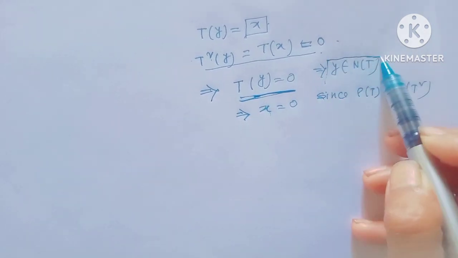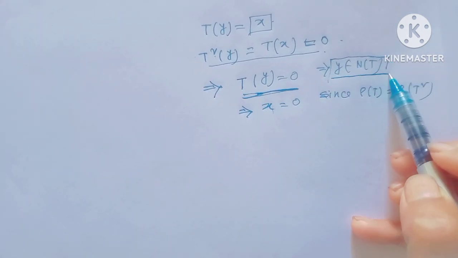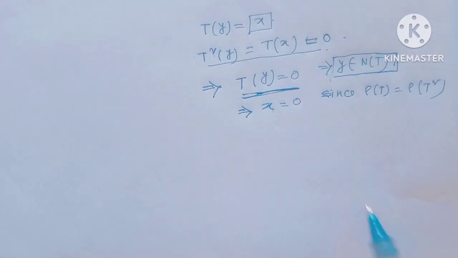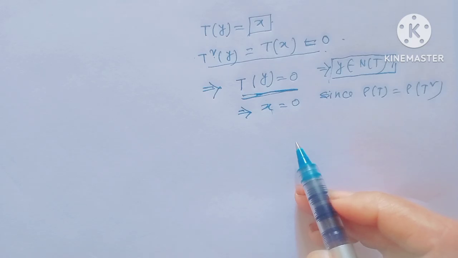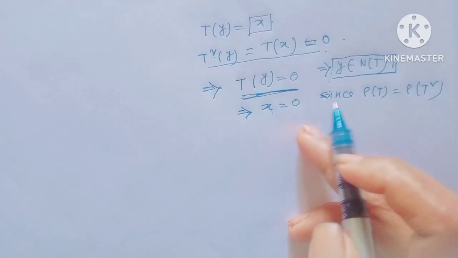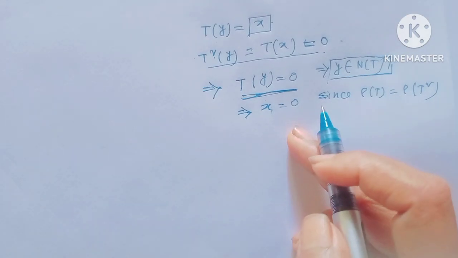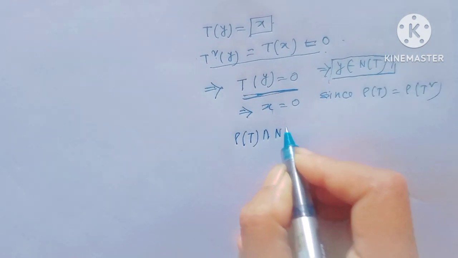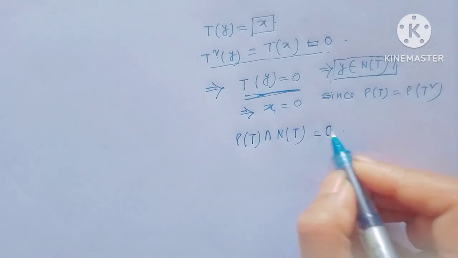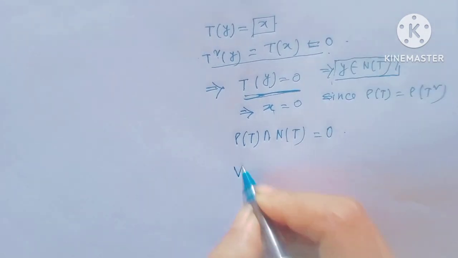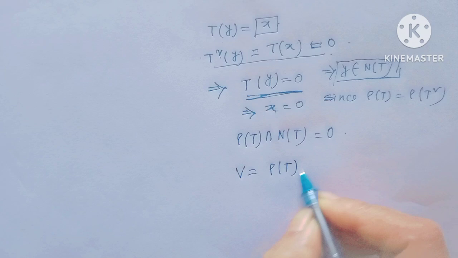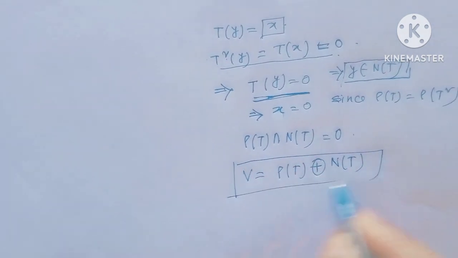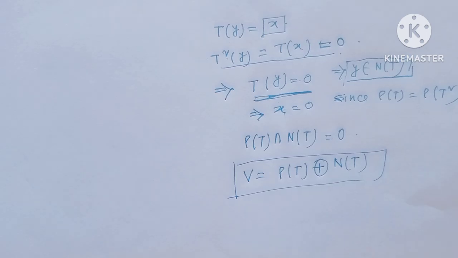That implies Y belongs to null space of T. That implies the vector X is only 0. Therefore, range T intersection null T equals 0. So we can write V equals range of T direct sum null space of T. I hope all my viewers have understood this.